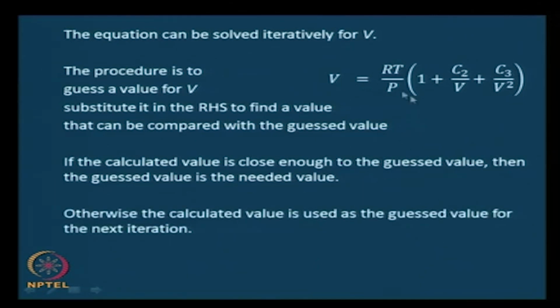Otherwise, the calculated value is used as the second guess, and that is put back into the right hand side to calculate a third value, then that is compared with the second value. This process is continued till a certain convergence, as it is called. In other words, the difference between the calculated value and the guessed value is small enough compared to the value of V itself.